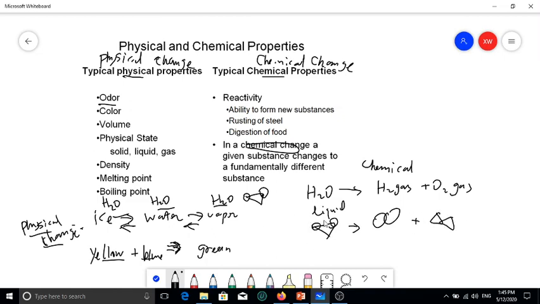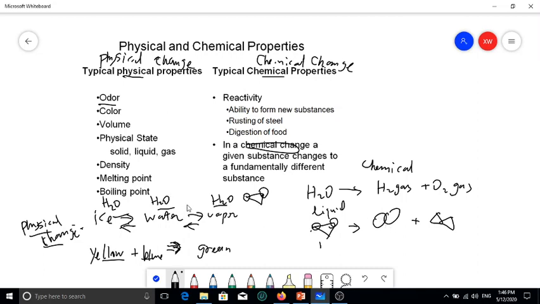The actual water molecule is no longer H2O anymore. The H2O is gone. You now have two different kinds of molecules, hydrogen gas and oxygen gas. So this is a chemical change. You are breaking up the original molecule. You're changing this chemical into something else. So that's a chemical change.